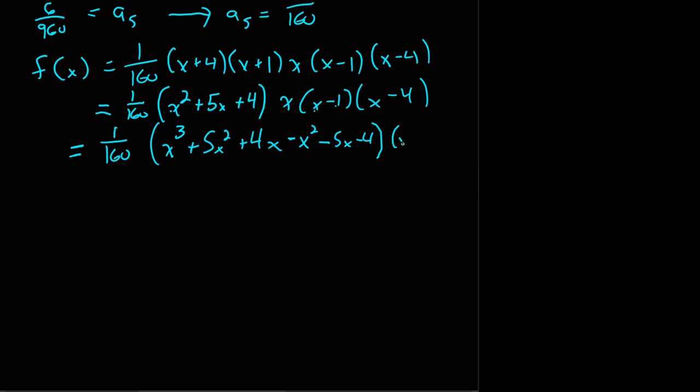And I still have the x minus 4 and the x hanging outside. Well, I'm going to collect like terms. So I only have one x cubed. I have a positive 5x squared and a negative x squared, so that's positive 4x squared. I have a positive 4x and a negative 5x, so that's negative x minus 4.